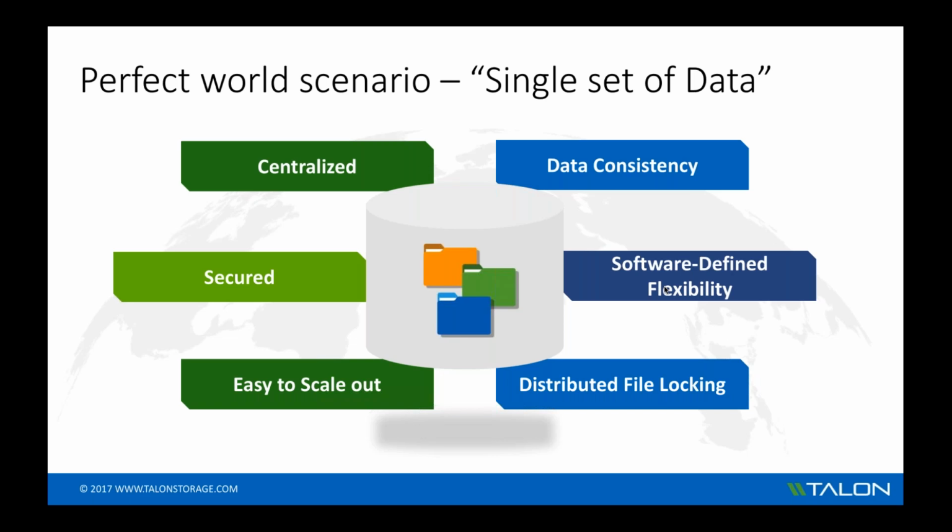And last but not least, as we're talking about unstructured file data, a lot of the applications that deal with that data require distributed file locking, whether on a file basis or on an element basis. You need to adhere to all of those principles so that some user in one location is not overwriting someone else's changes, and have that secure benefit in real time.